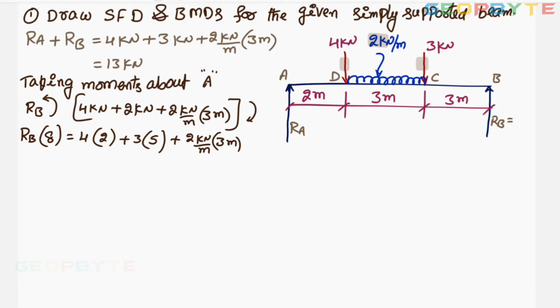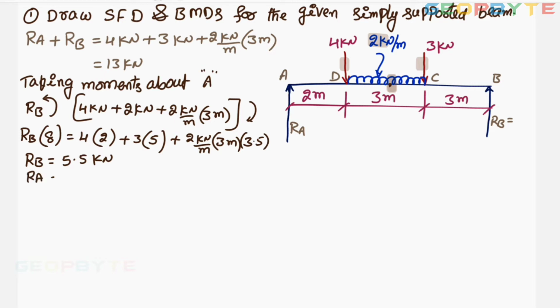What is the distance up to A from that middle point? 2 plus 1.5, 3.5. You simplify this value for getting RB. I got RB equal to 5.5 kilonewtons.